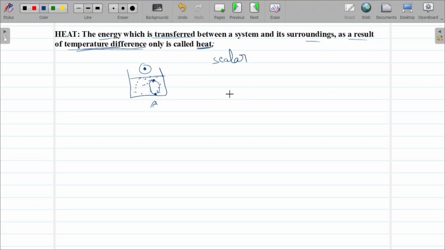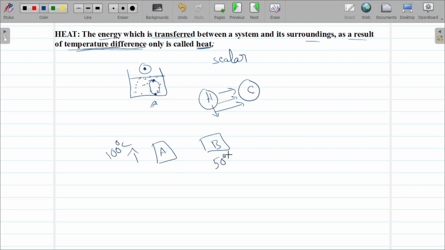Heat transfers from hot body to cold body. Heat always moves from hot body to cold body. The temperature of the hot body decreases when it gives its heat to the cold body. Let's consider an object A and an object B. Let's say A is at 100 degrees Celsius and B is at 50 degrees Celsius.